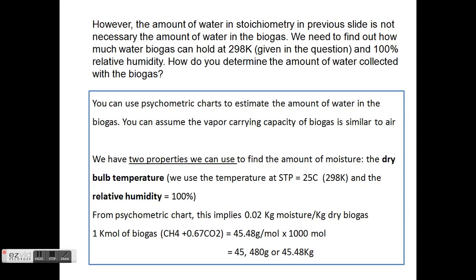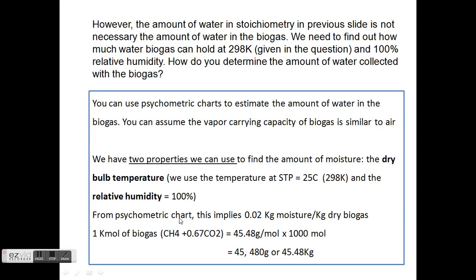So to find this, we would use our psychrometric chart. We don't have one in this course, but because we're looking at practical aspects of things, I thought this example would be good. Use a psychrometric chart to determine the water holding capacity. The assumption I'm making here is that biogas behaves similarly to air, and the good thing is that we have two properties we can use: the dry bulb temperature and the relative humidity.